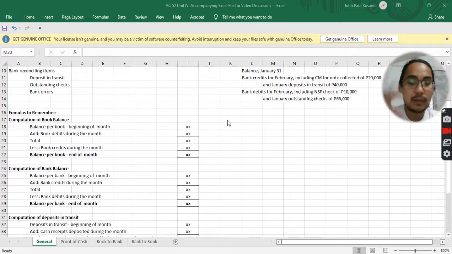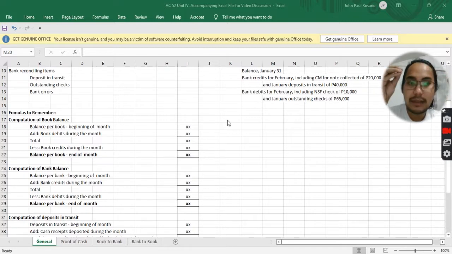Same with the computation of the bank balance. Beginning balance for the bank, and then all the credits, since it is a payable in the eyes of the bank. All credits in your bank statement pertain to increases in your cash in bank balance, and all debits entail decreases in your cash in bank balance.